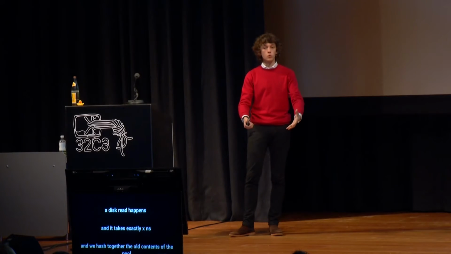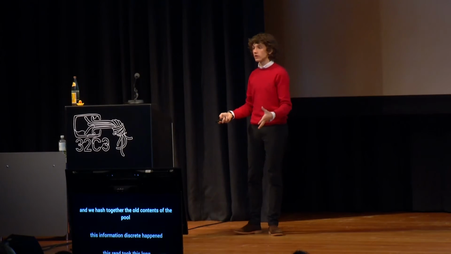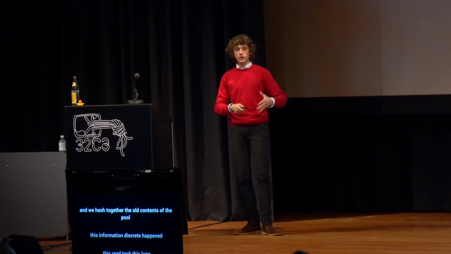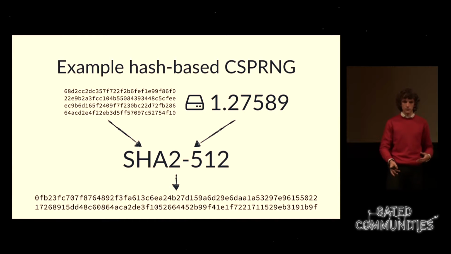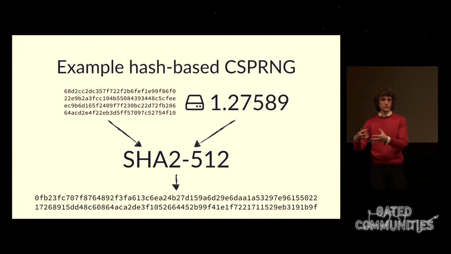We hash them together, and we get a new value of the pool. You see where this is going? We keep doing this. Every time a new event comes in, every time the mouse moves, every time a CPU interrupt is raised, every time disk read happens, we call this steering function to mix this event into this pool.